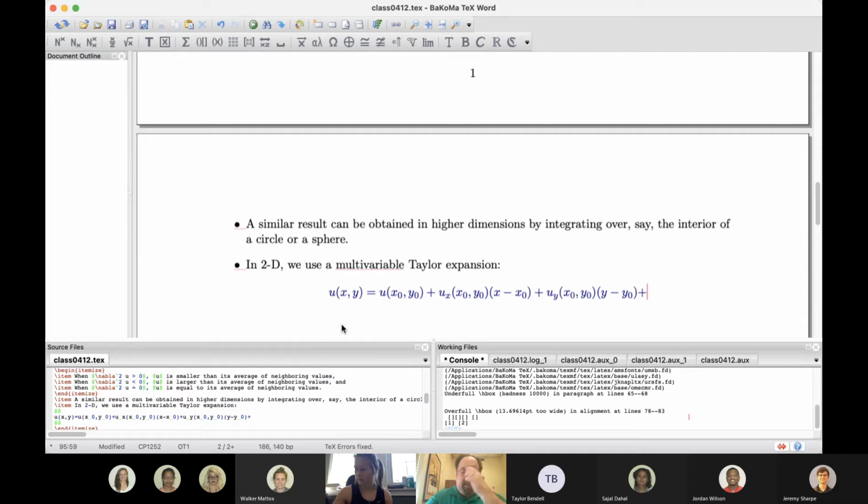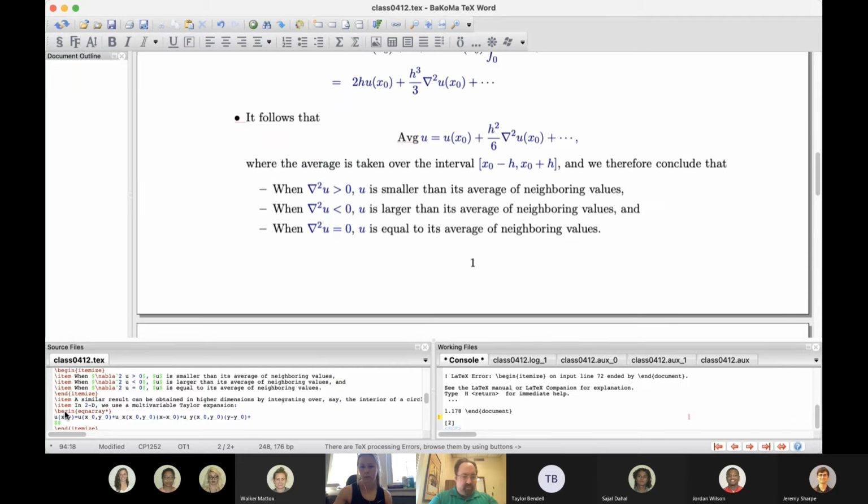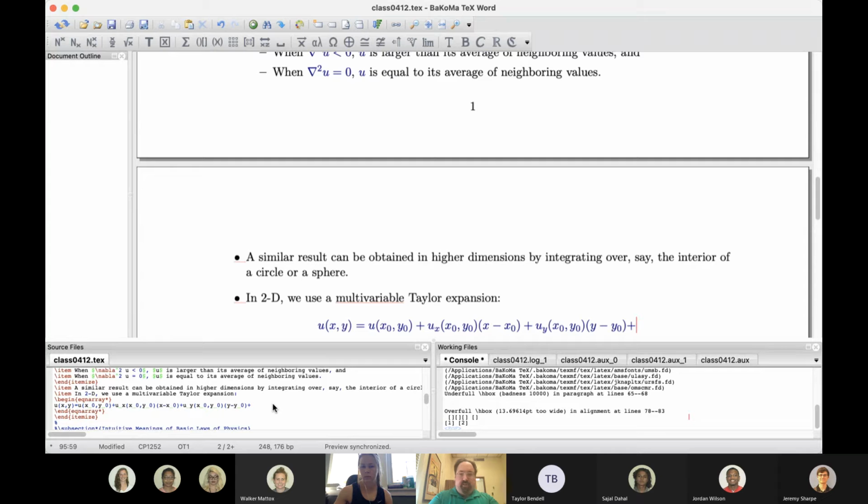Now, what about the second derivative terms? Because we have 3 distinct second partial derivatives, uxx, uxy, and uyy, so to include those terms as well.